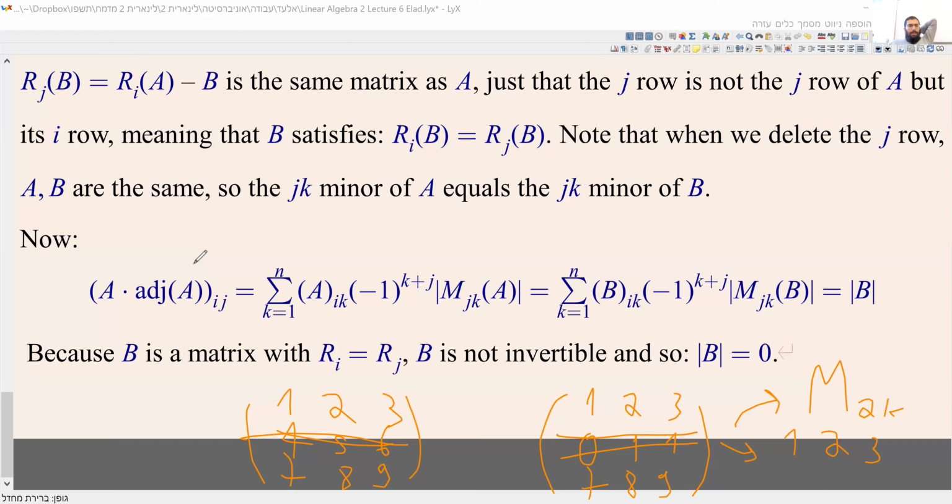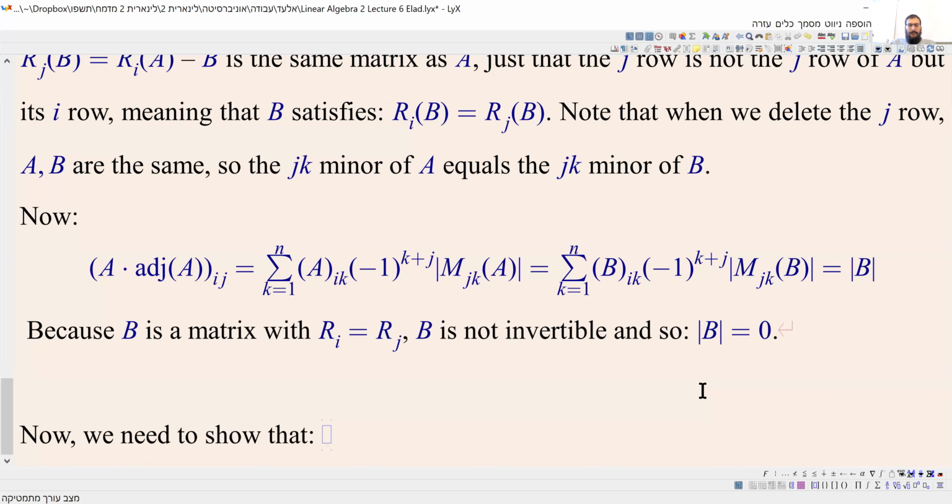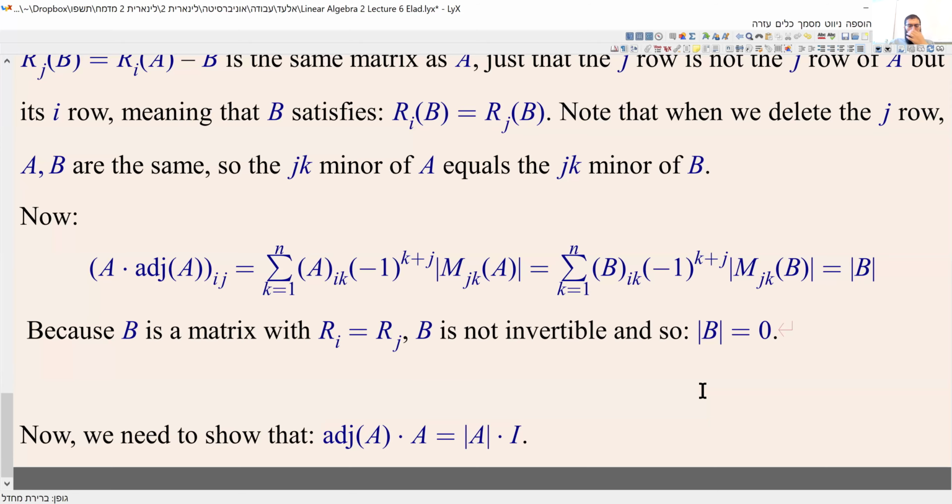Okay, let's delete the drawing and continue with our next step of the proof. Now we need to show that the adjugate matrix multiplied by A is the determinant of A multiplied by I as well.